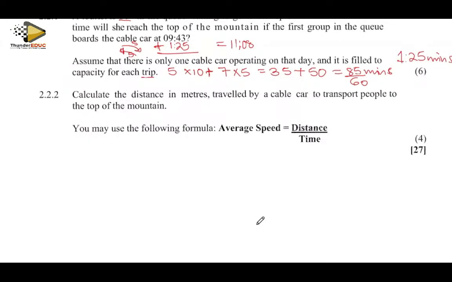Calculate the distance in meters traveled by the cable car to transport people to the top of the mountain. You may use the following formula. Here we are just looking at the one going up. Take note of the formula that I have given you. The formula starts with speed equals distance over time.